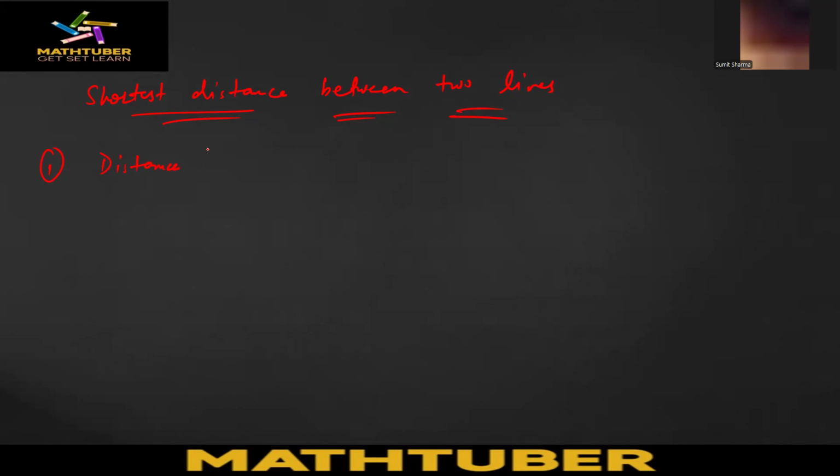These are known as skew lines. So the shortest distance between these two lines will be the place where one line is going above the other, right?